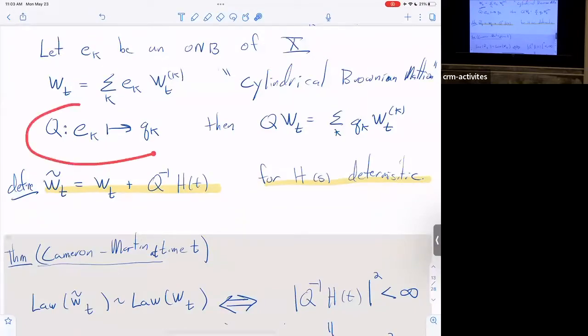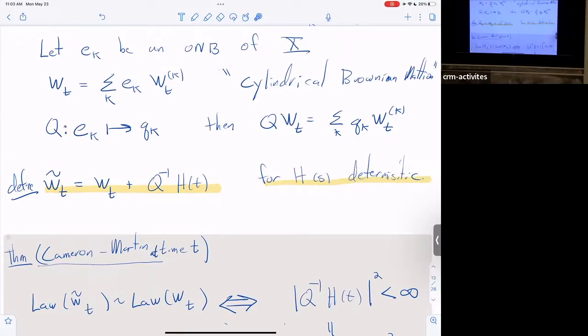And then I want to define some operator that takes these basis elements and takes them in some directions, all right? So QW is just the summation of directions, little q_k times W_k. And now the question that's really useful to have is, when can I incorporate a shift of the Brownian motion and that leaves it absolutely continuous, okay?